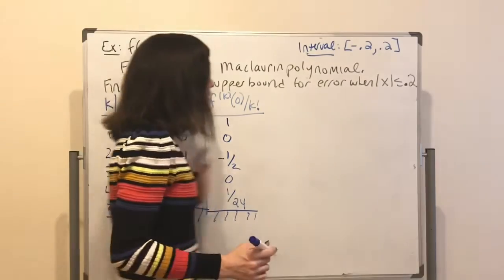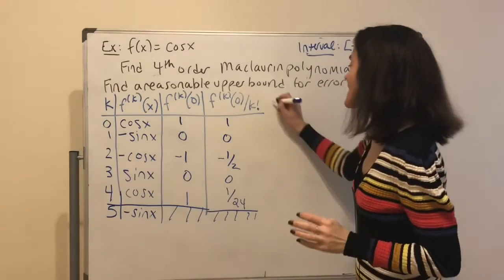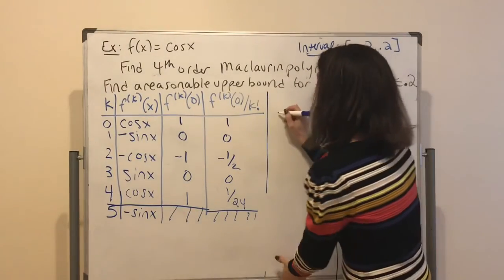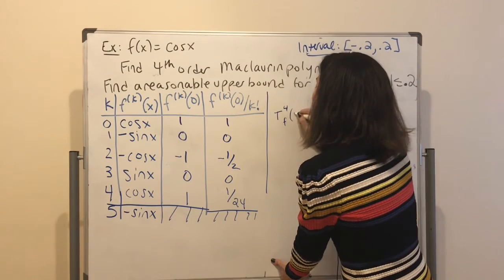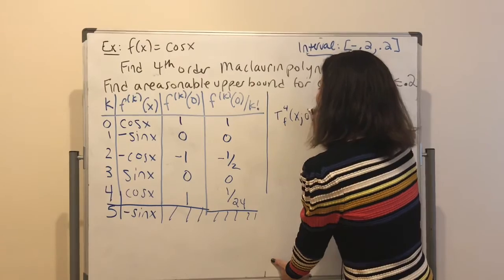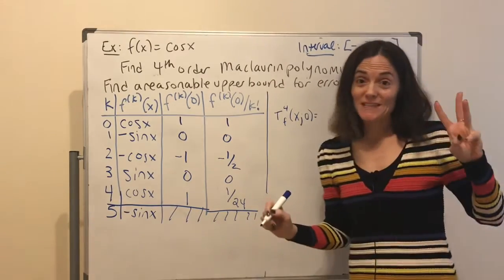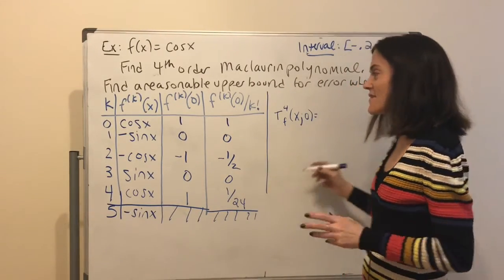Now I can write out my Maclaurin polynomial. This is T4 of f at x, 0. But there are only 3 terms because I have these zeros here.